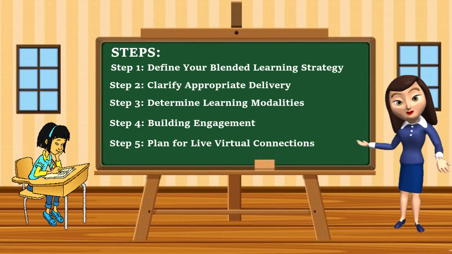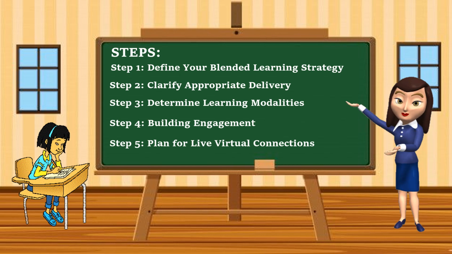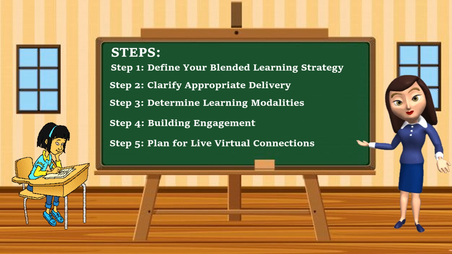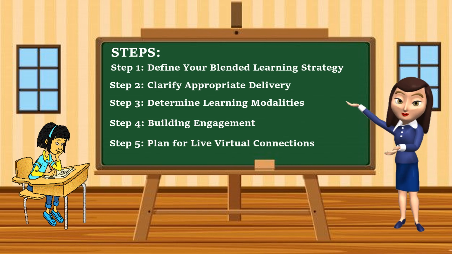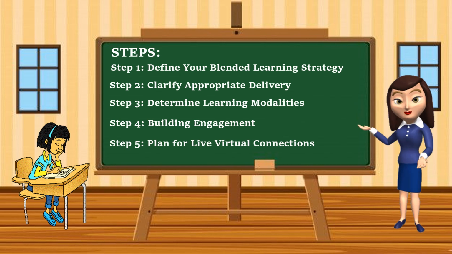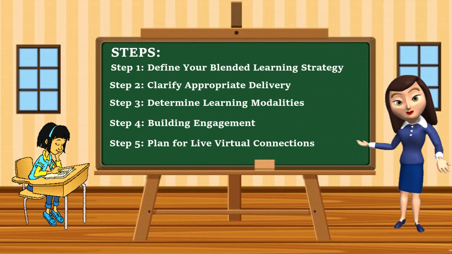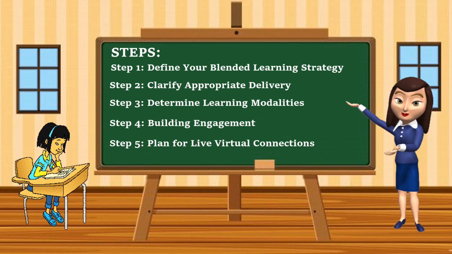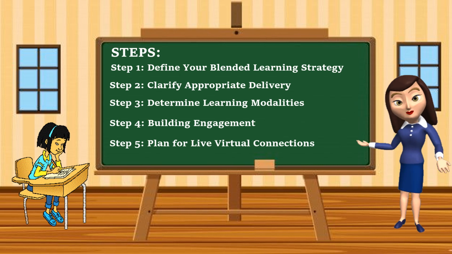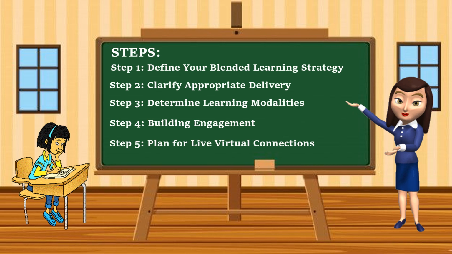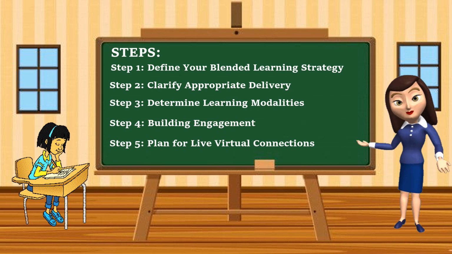Again, you're going to identify or determine first what is your blended learning strategy. Step 2. Clarify appropriate delivery. You need to consider the delivery method, if it is synchronous or asynchronous in delivery. Will the participants travel through the learning journey in groups or individually? So you need to clarify it first.